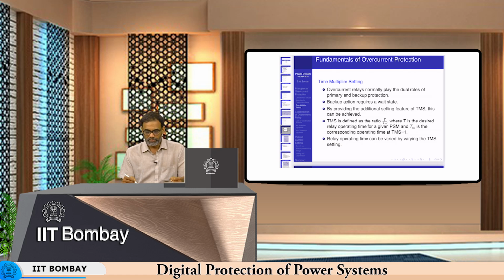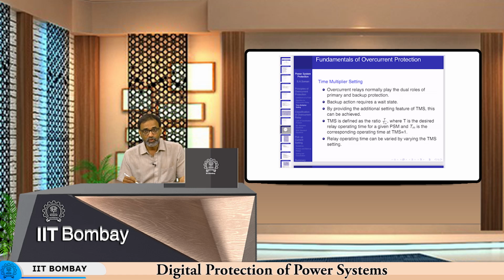So, for the relay to perform a backup function, it requires a wait state. Backup means, we saw about zones of protection earlier, the fault is not in the primary zone of protection of the relay, but it is in the primary zone of some other relay.